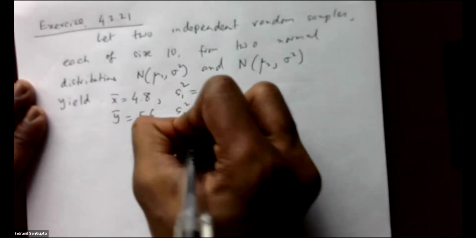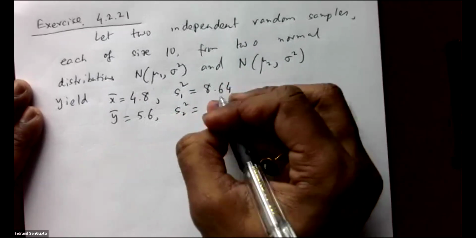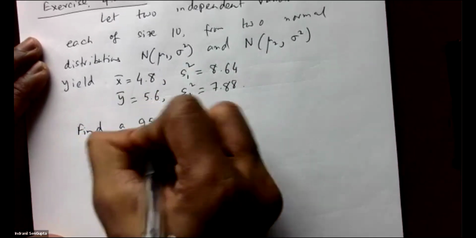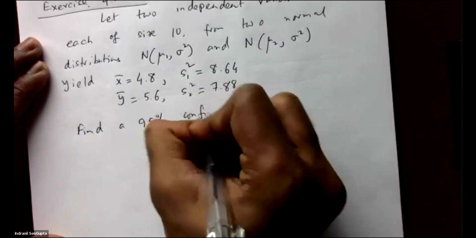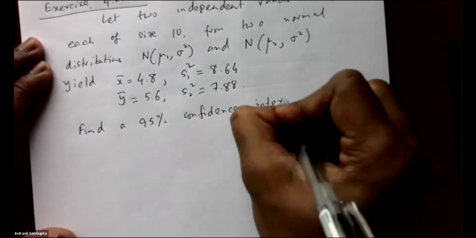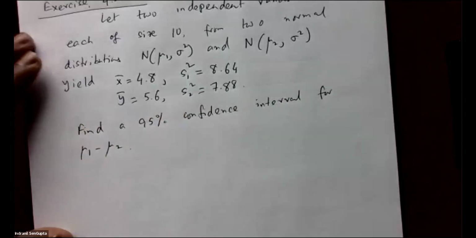For Y, the sample mean is 5.6, and the sample variance S2 squared is 7.88. The goal is to find a 95% confidence interval for mu1 minus mu2.